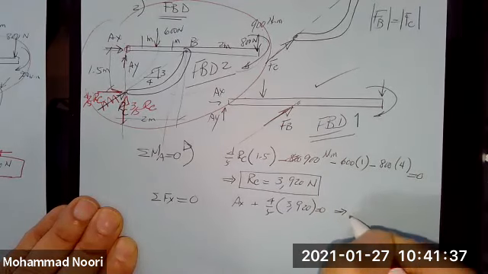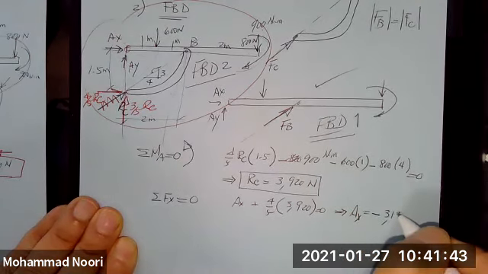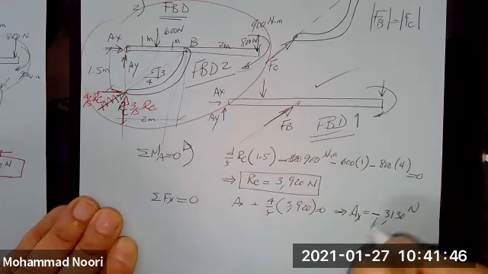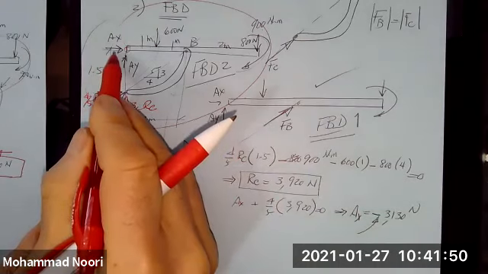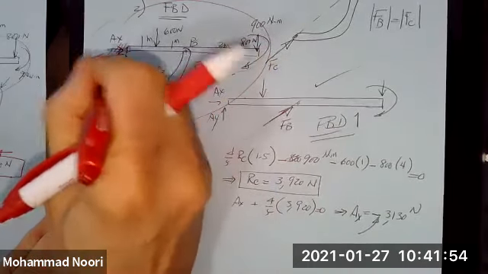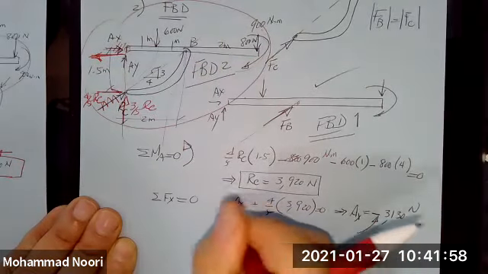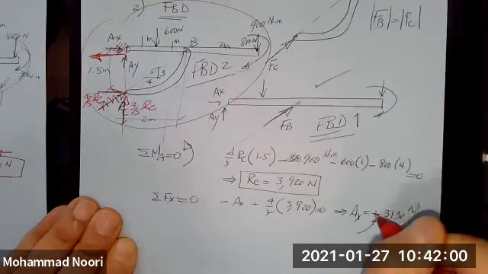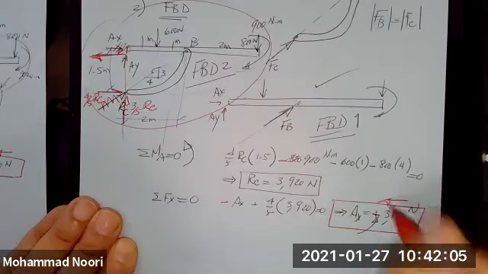So that tells me AX would be a negative value of 3,130 Newton. So it came out to be negative. That means my assumed direction for AX was wrong, so I would correct that. It should be in this direction. Therefore, this would be negative and this is positive. So AX is acting in this direction.